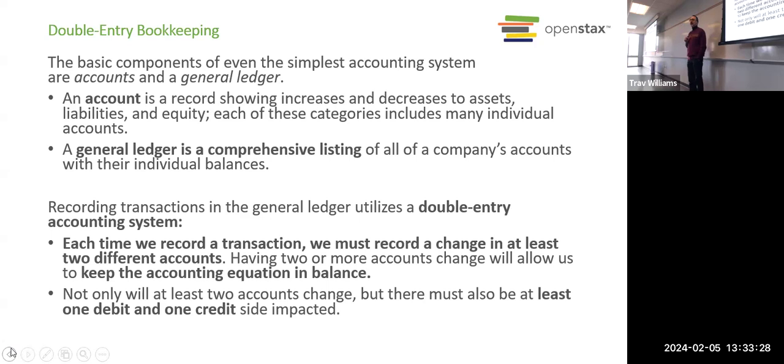So cash would be the name. They would assign a number in their accounting system for that account. And then any transactions related to cash, whether it's cash coming in or cash going out, would get recorded in that cash account. Okay. And companies could have dozens, in some cases, maybe hundreds or even thousands of accounts, depending on how big the company is.